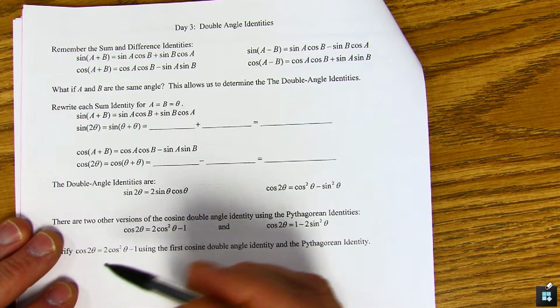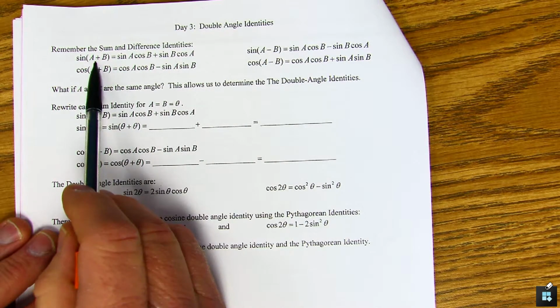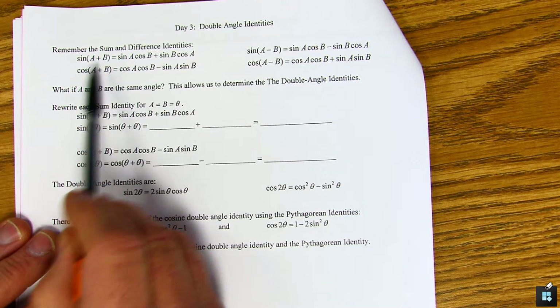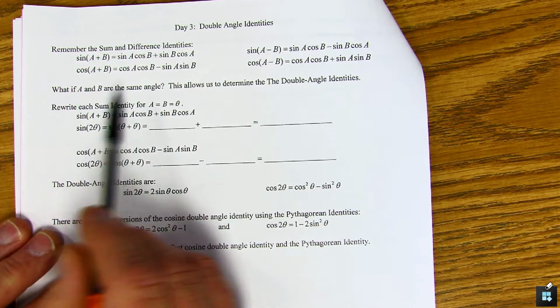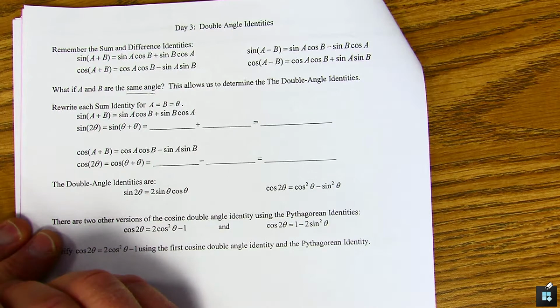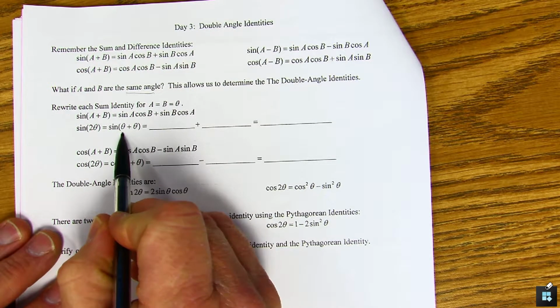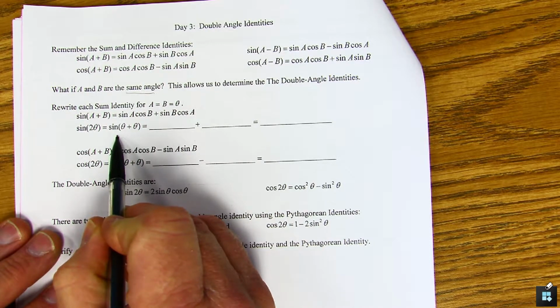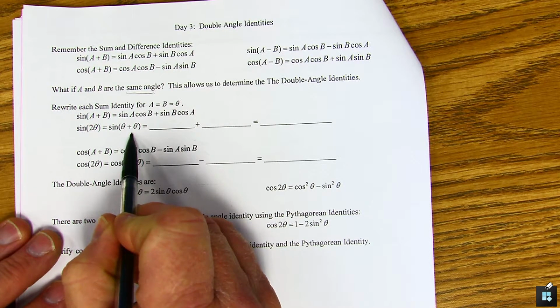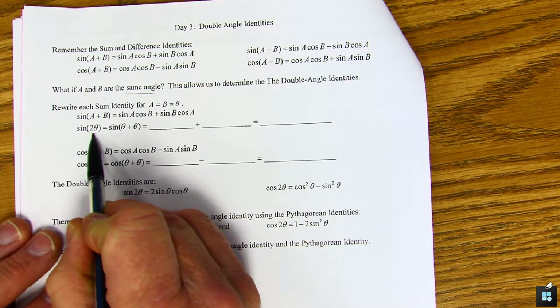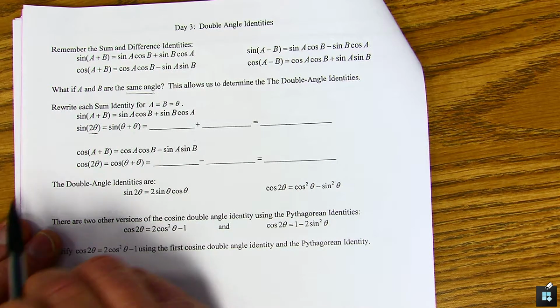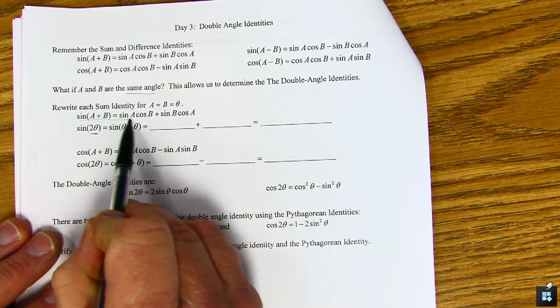So here up at the top, we are assuming that A and B are different angles. The question is, what if they were the exact same angle? Well, then we would write it more like this: sine of theta plus theta, which would be the sine of 2 theta. Now let's apply that to what we have right here.